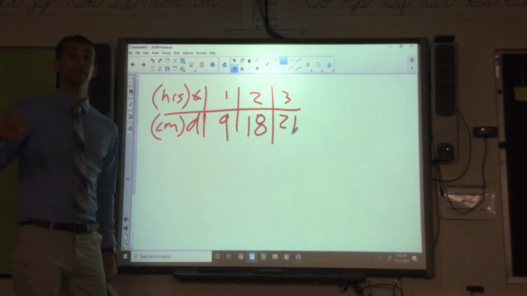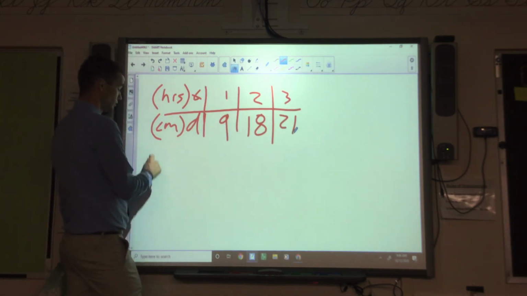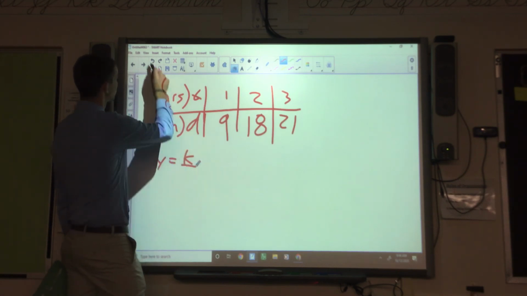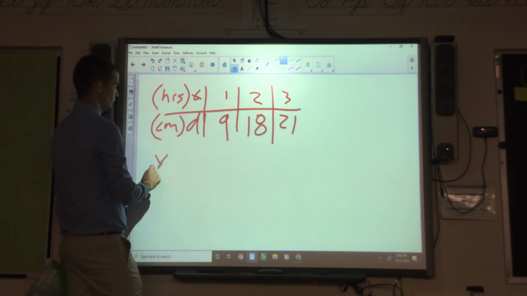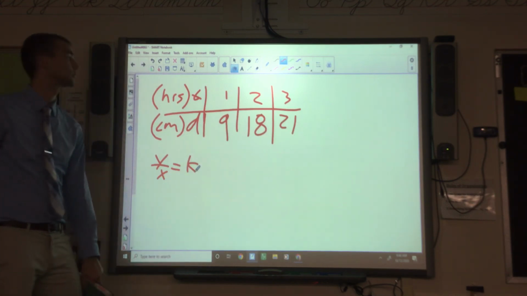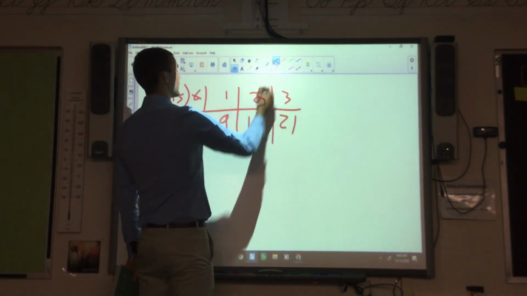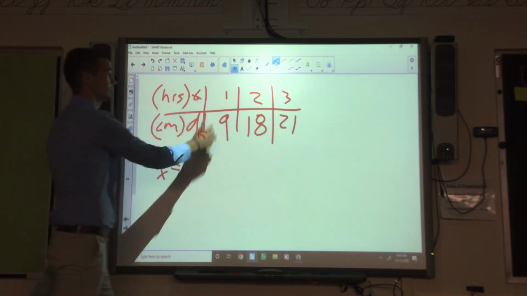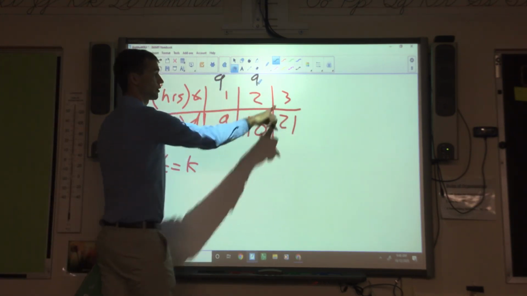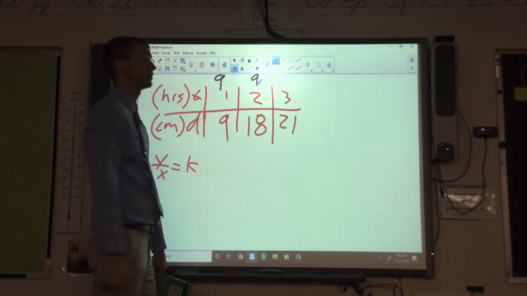So again, we're going to find that constant of proportionality, which is y equals kx, y over x equals k. That's the way we're remembering to do it. And when we do this, 9 over 1, we get 9. 18 over 2, we get 9. 21 over 3, we get 7.